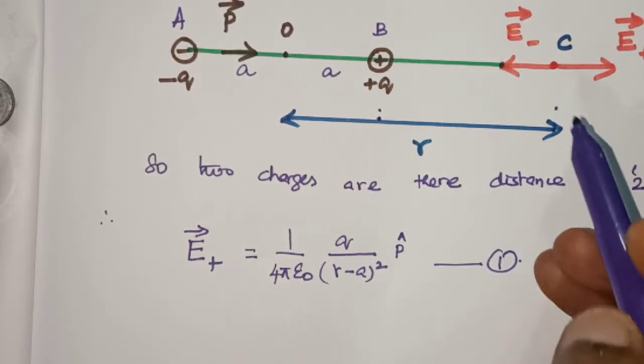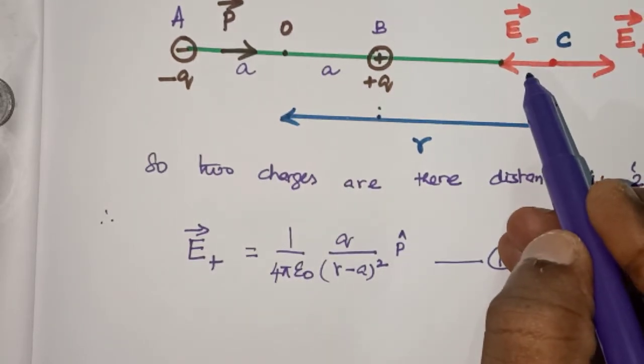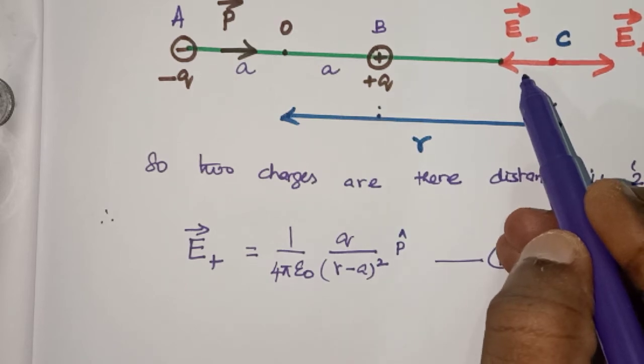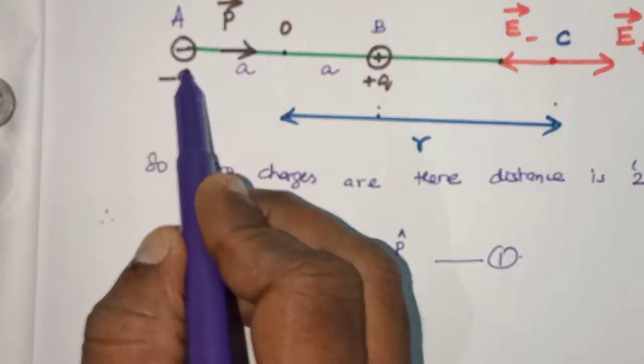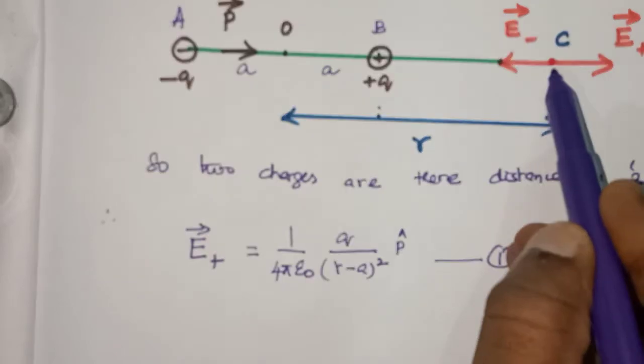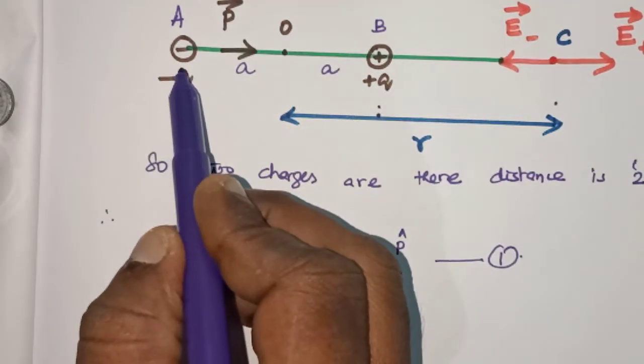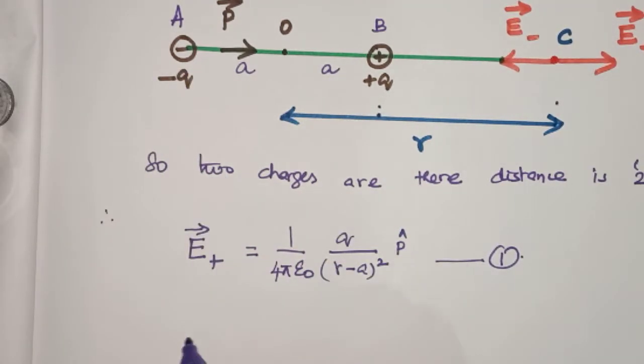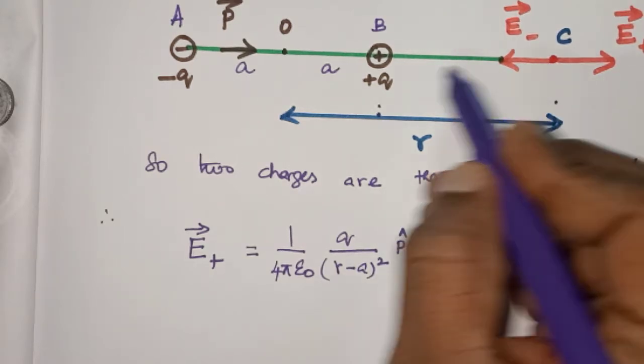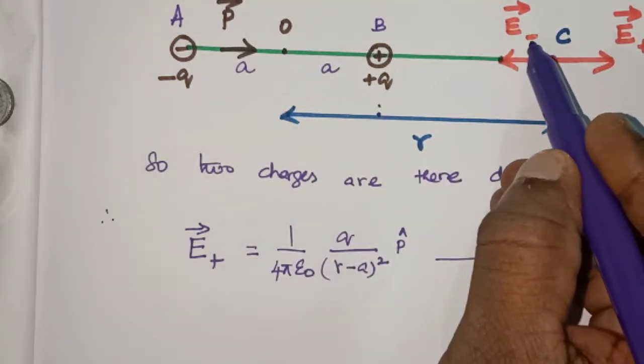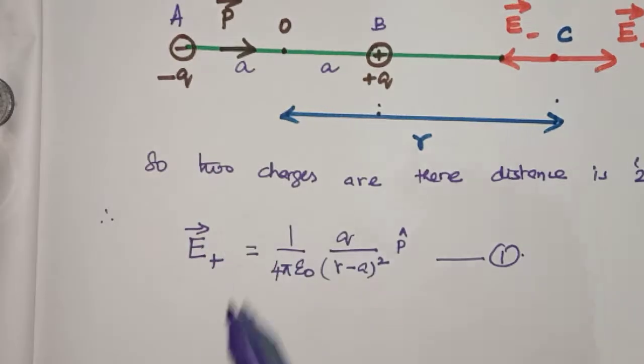Now the field created due to the negative charge, what is the field? This E vector minus is created due to this charge.